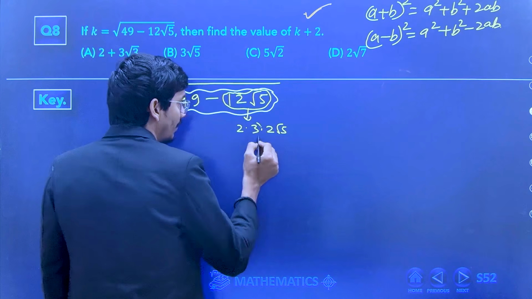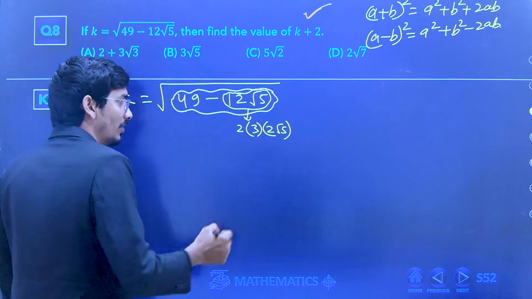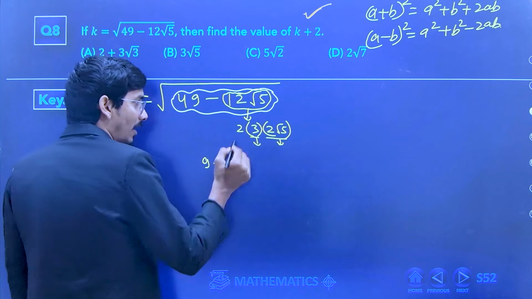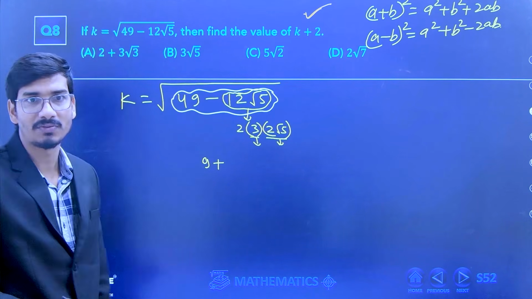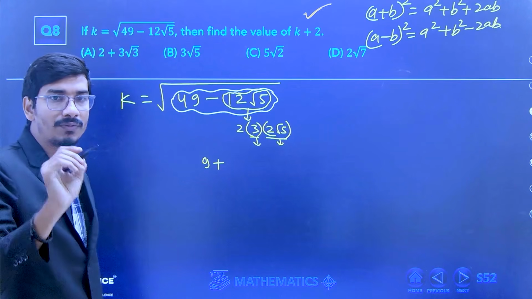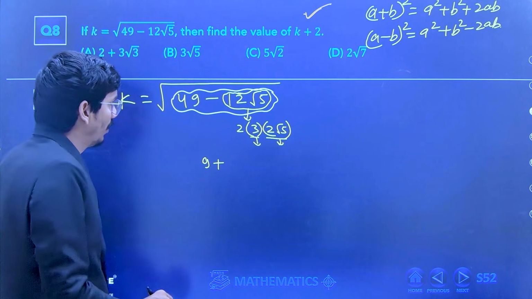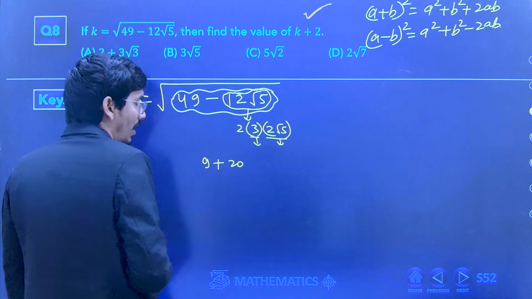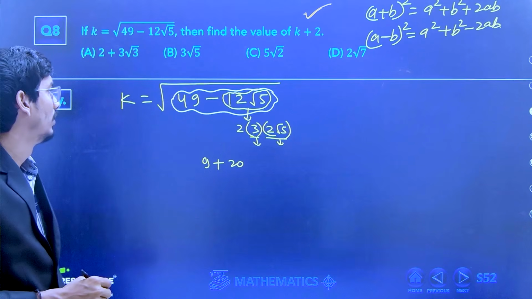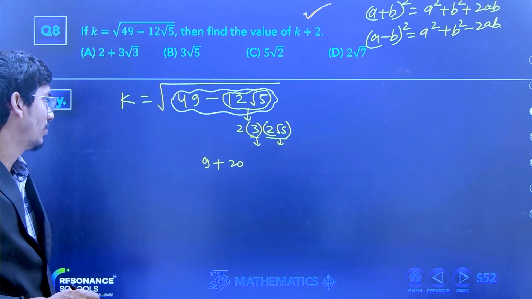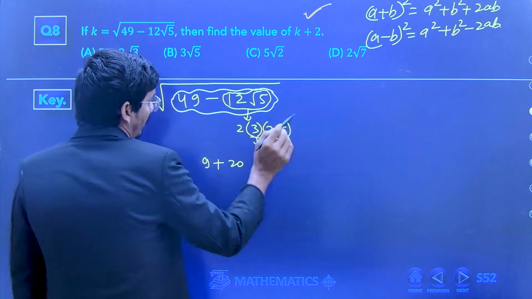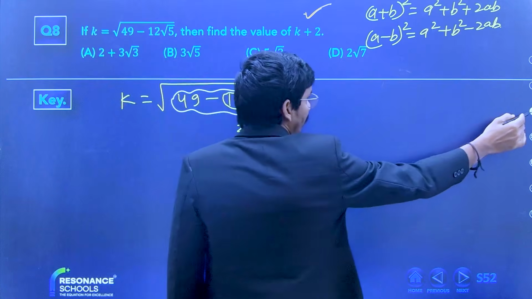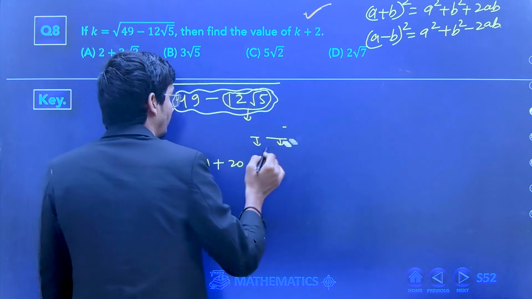Now taking this number as A and this number as B, A square is 9 and B square, 2 root 5 ka square, is 4 into 5, 20. Again not coming. It's 29, not 49. So this combination is also not possible.